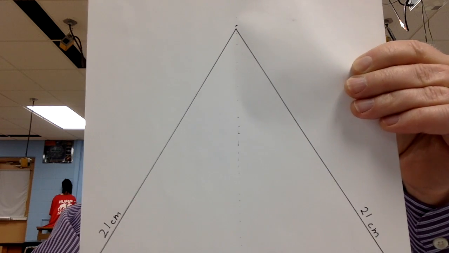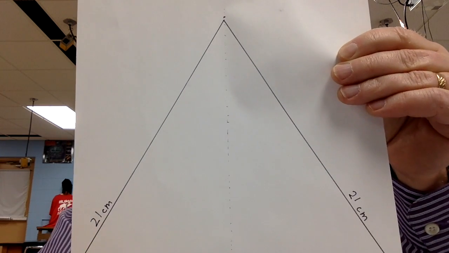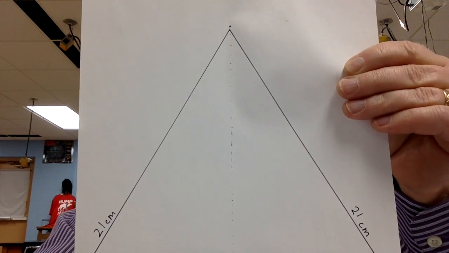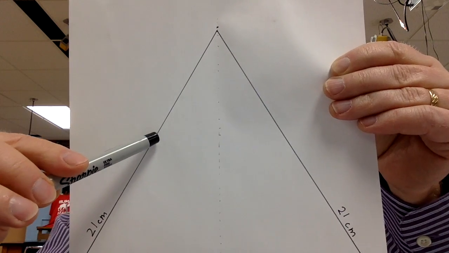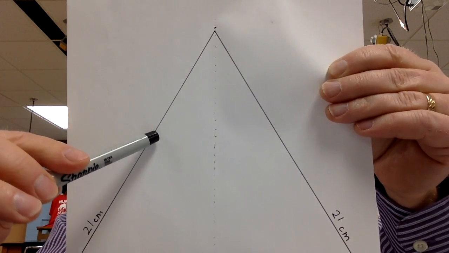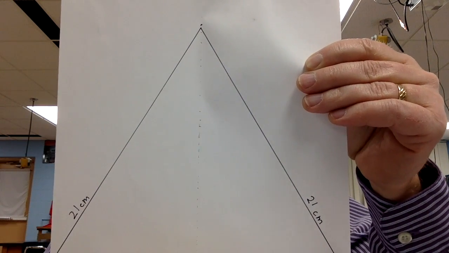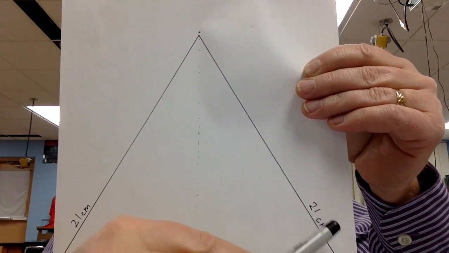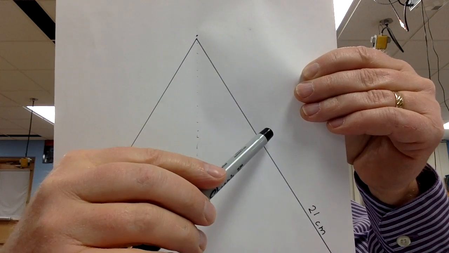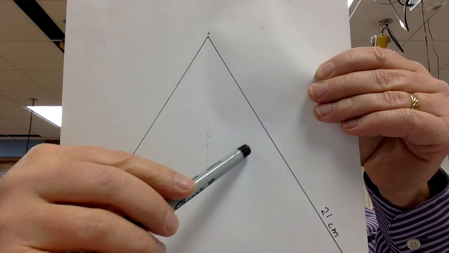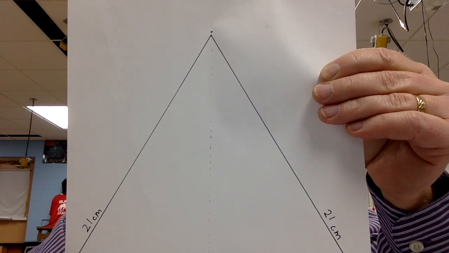Our next direction will be like the direction where I made this line. You will find the 10.5 centimeter distance on this side of the triangle and make a dotted line out to this corner. And you will find the 10.5 centimeter point on this line and do a dotted line in pencil over to here.